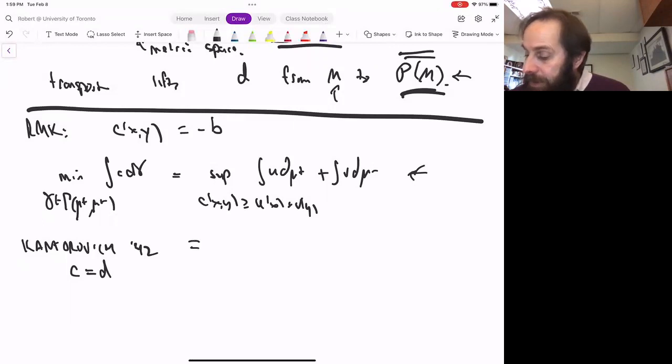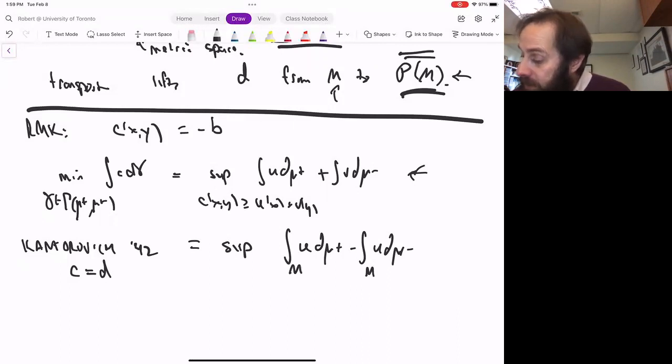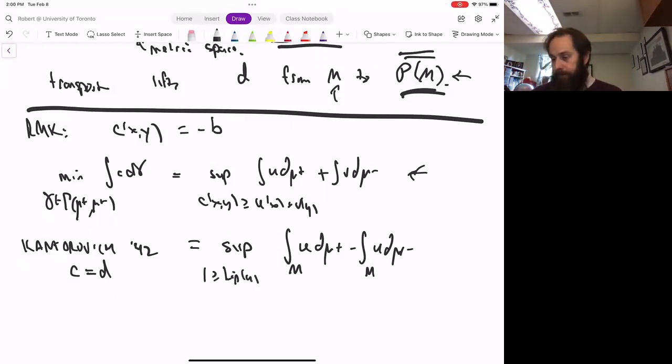The claim is that you can rewrite this in the form supremum of the integral of u d mu minus the integral of u d nu, where the constraint on u is now that the Lipschitz constant of u is less than 1. So the first thing on my agenda today is to show that when c satisfies the triangle inequality, you have the simpler form of duality, which only involves one function u instead of two functions u and v.